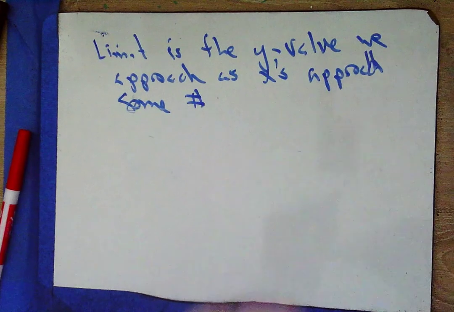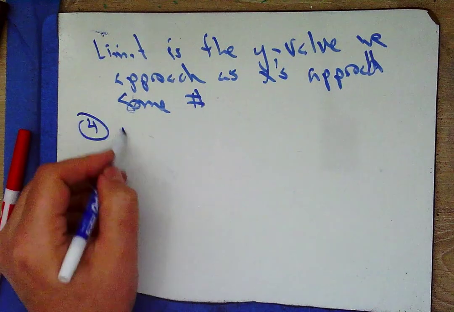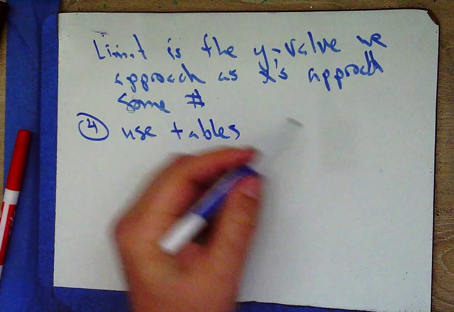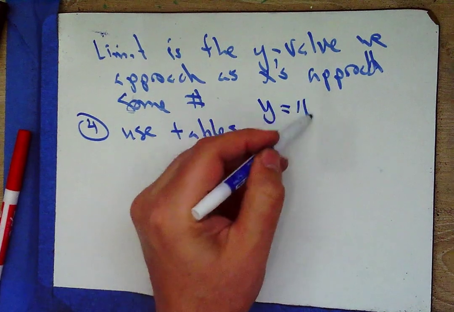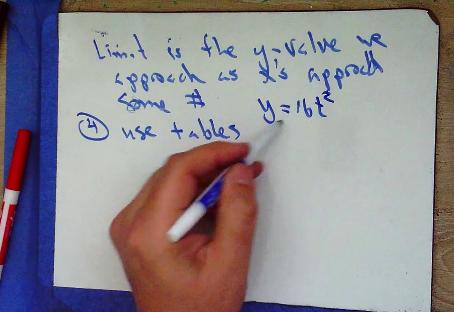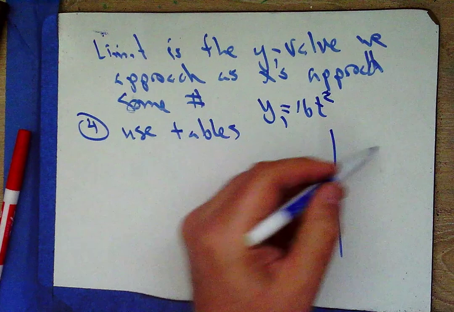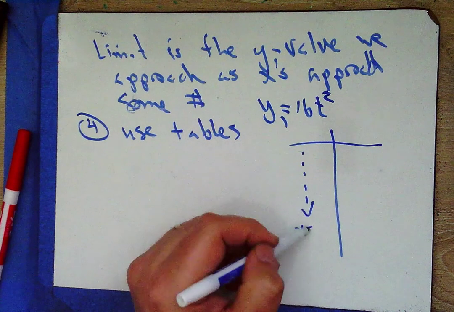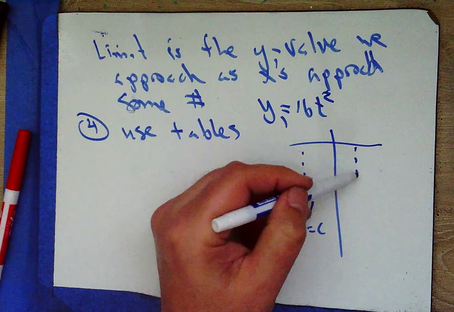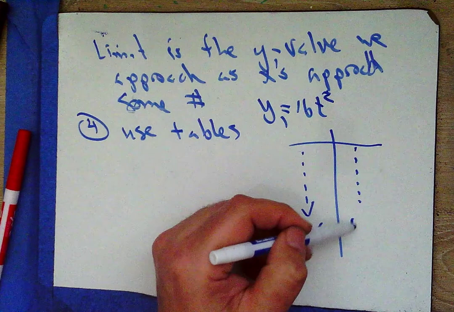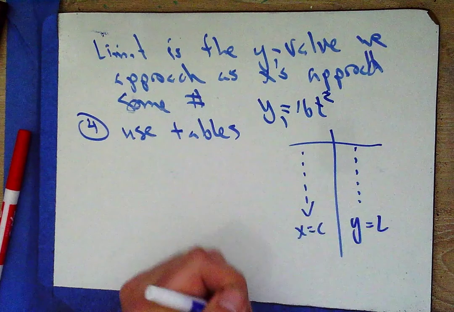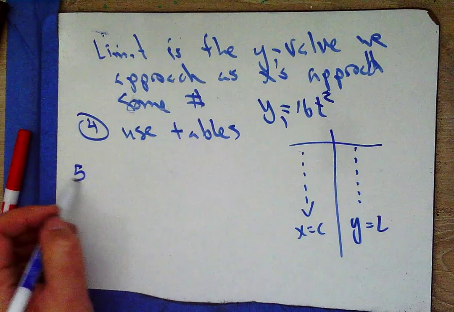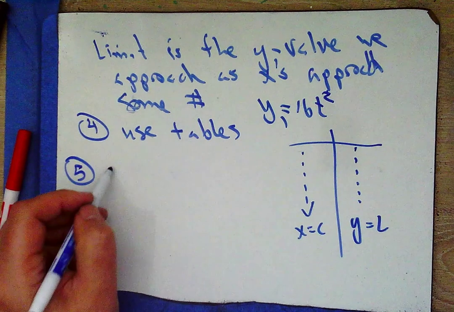There's actually 5. Number 4 is use tables. You know, go type the function into y1, and then go over to your table feature and type in values that get closer and closer to x equals c to see what y value is approaching. Okay, so we could use tables to do that. And then, finally, we could think about this graphically.